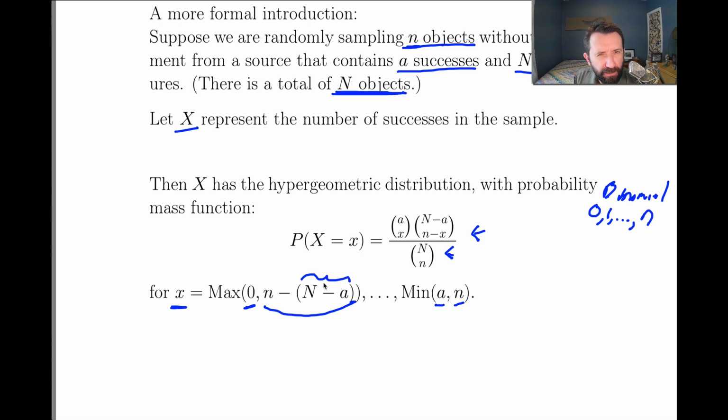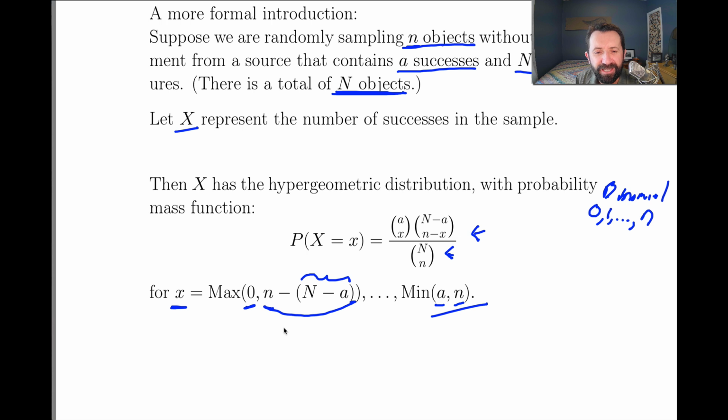So then the number of successes cannot possibly be smaller than little n minus this max number of failures. A little bit harder to think about from the other side, but really the same thing, okay?